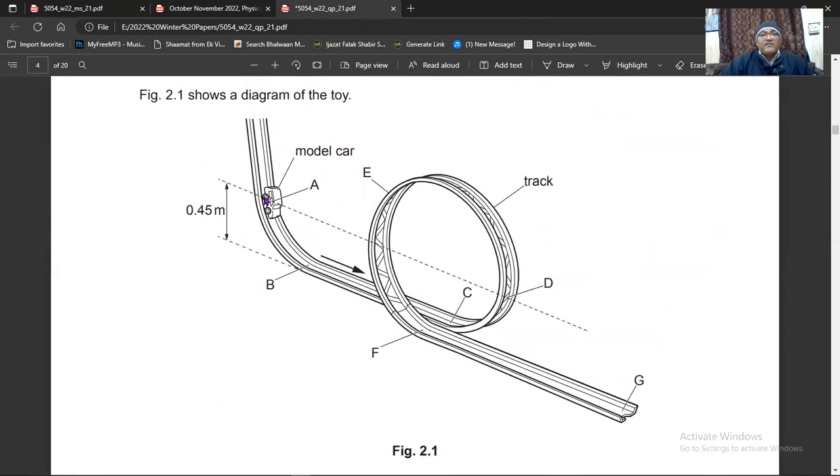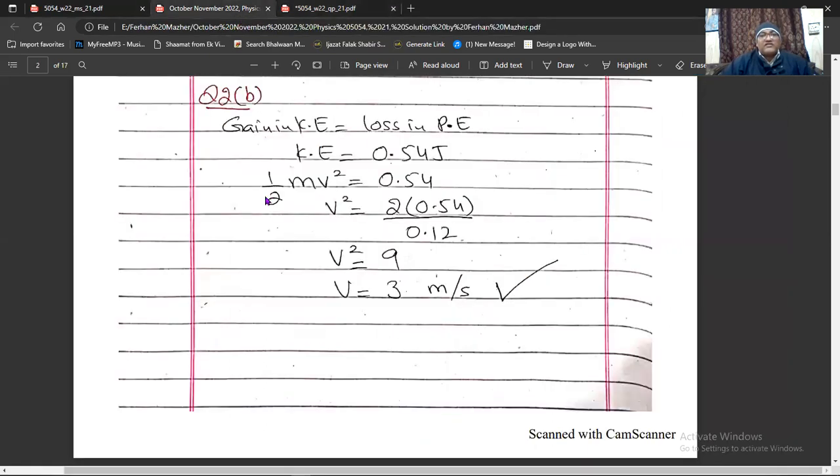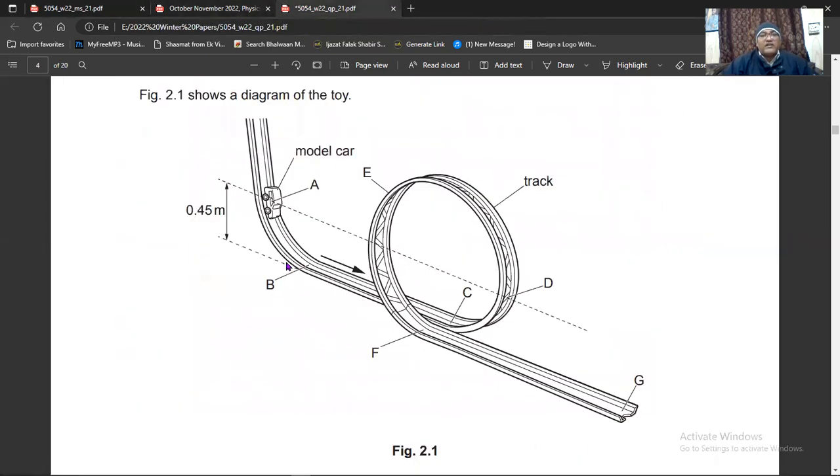You see, when the car reaches here, it has 0.54 joule. Here at the point B, the kinetic energy is 0.54 joule. Because there is no air resistance, and because there is no friction between the tires and the track, there is no loss of energy. So at the point C, the kinetic energy will be again 0.54 joule.